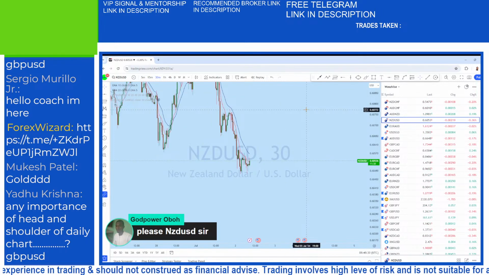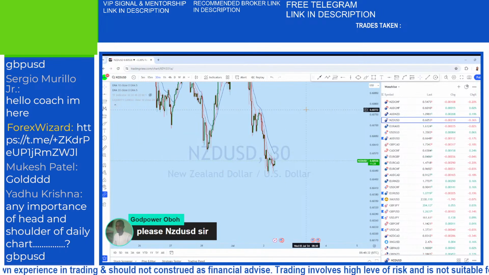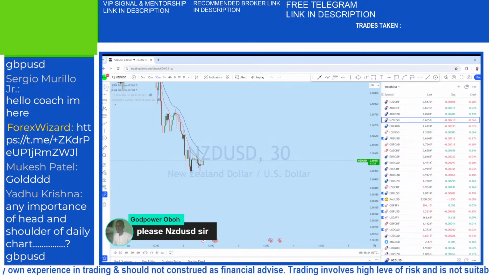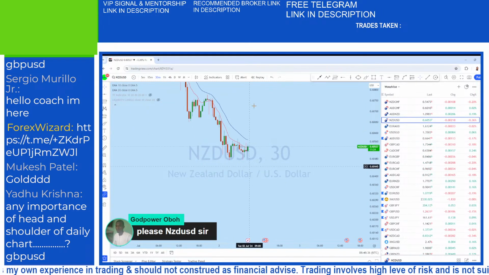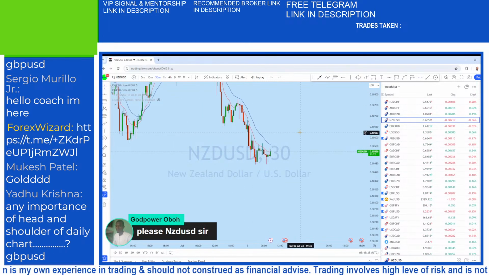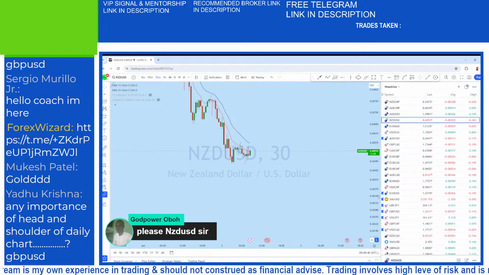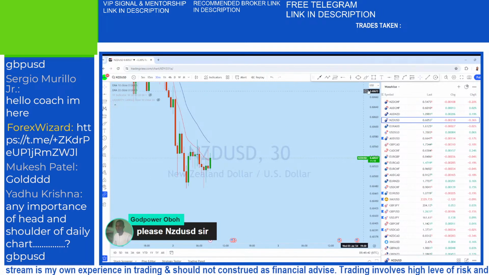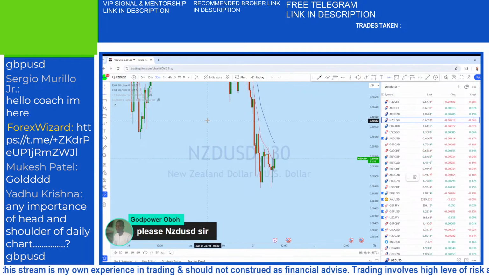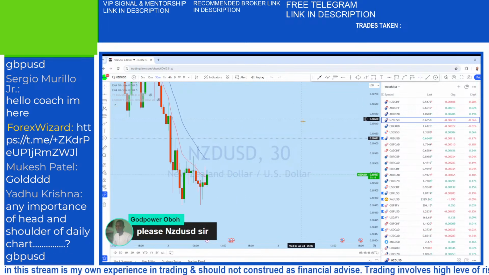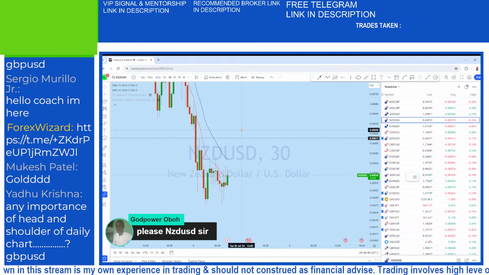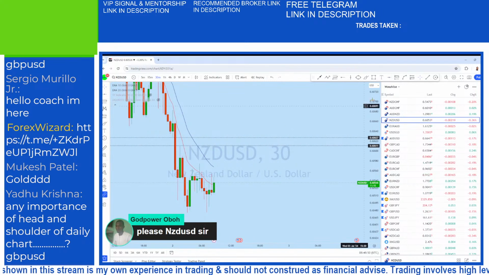With that in mind, guys, any bounce with the euro, if we see NZD-USD breaking any of this liquidity zone, this is a pretty important liquidity zone on NZD-USD.